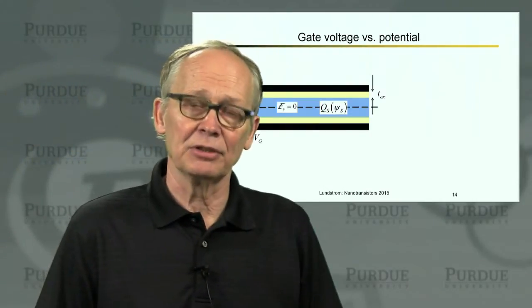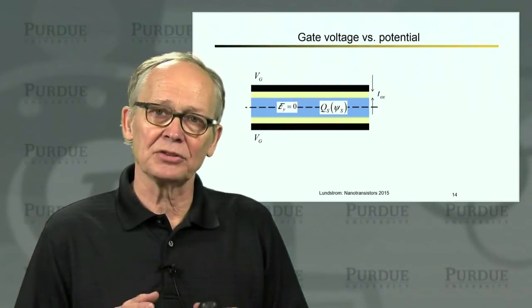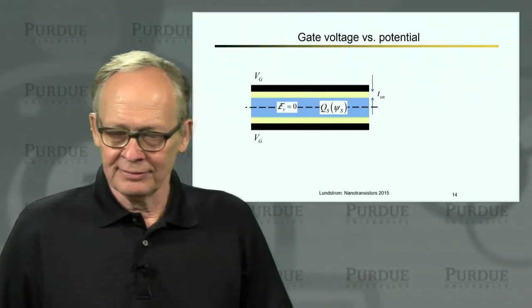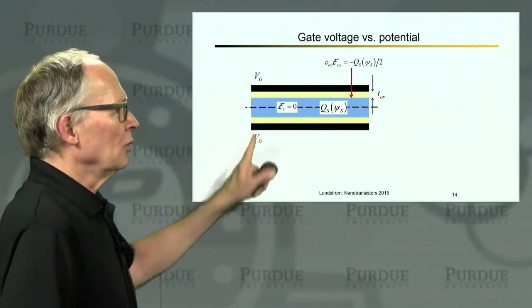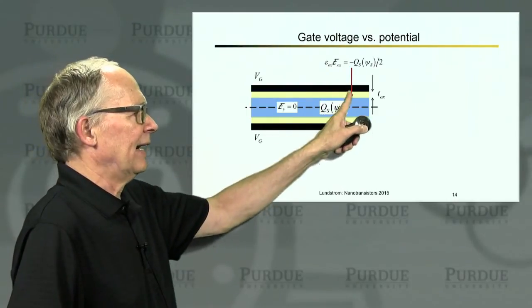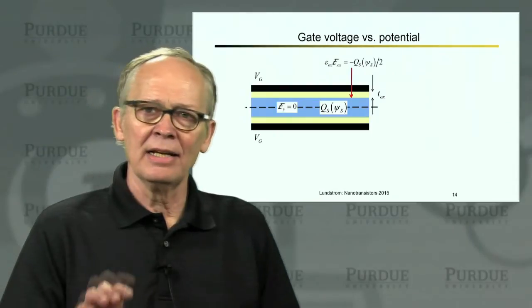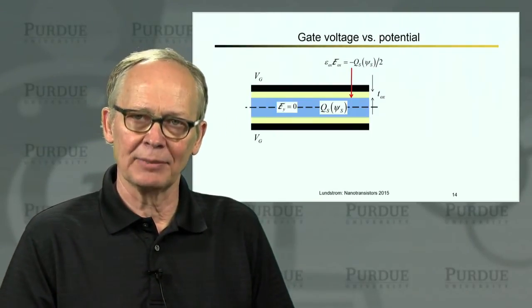Now the next step is to do exactly what we did in the bulk, and that is to relate this surface potential to the gate voltage that produced it. Right, so let's see how we go about doing that. Let's look at the electric field in the oxide, right at this interface. We can use Gauss's law again. The normal displacement field is minus the charge in the semiconductor.